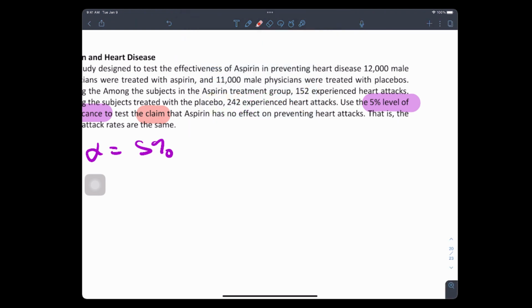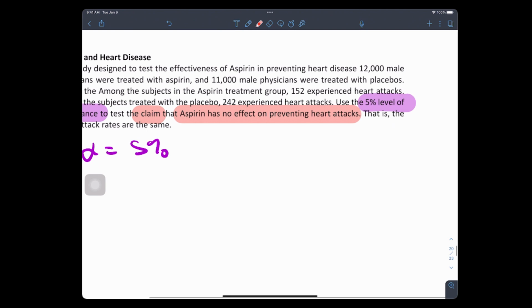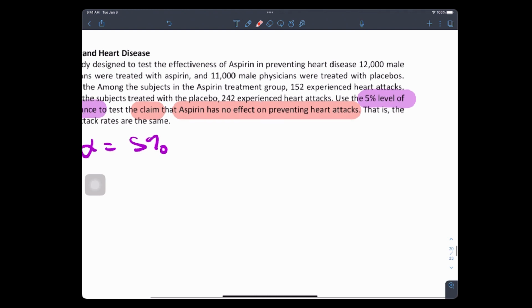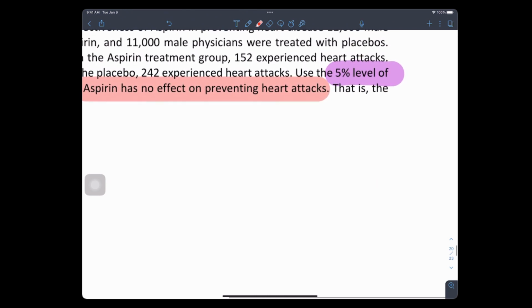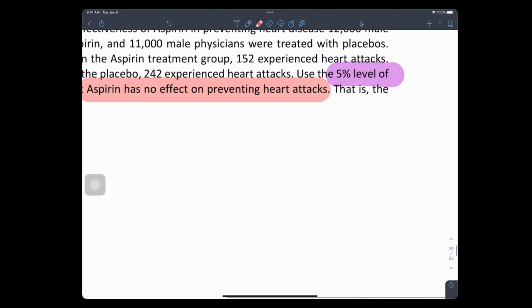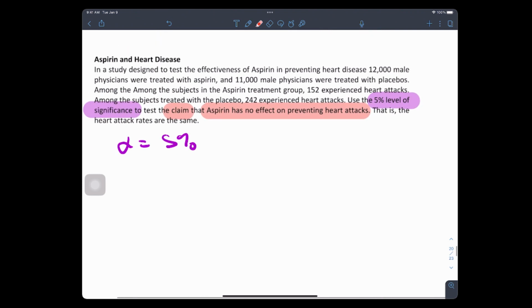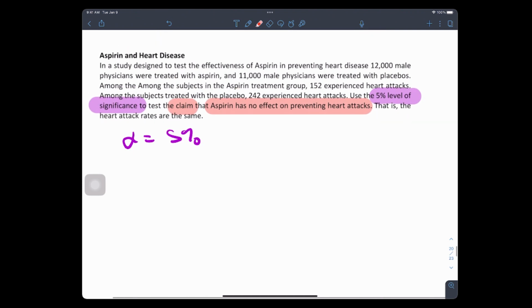Okay, so notice this. The claim is aspirin has no effect in preventing heart attacks. So I went through and I did more because I edited this thing and I have to go back and fix the problems. That is, the heart attack rates are the same.